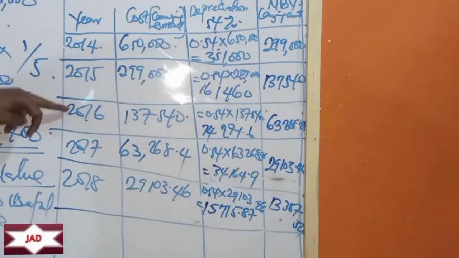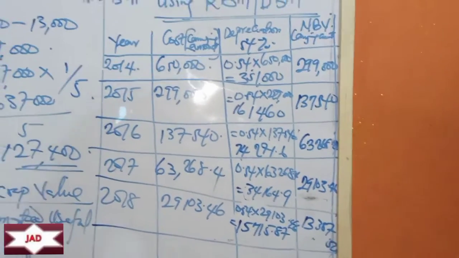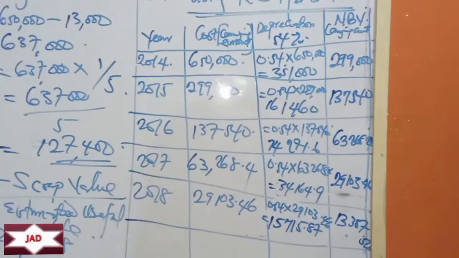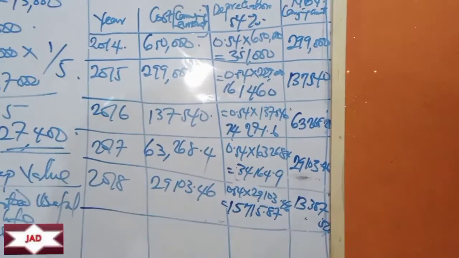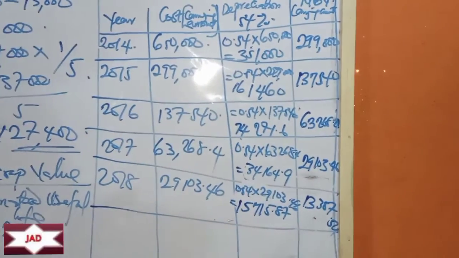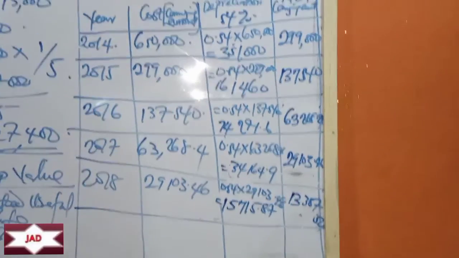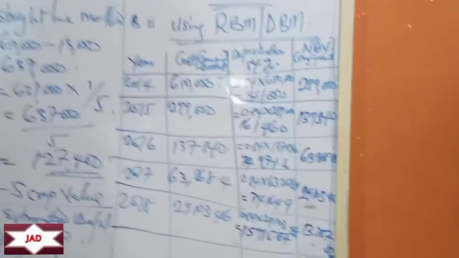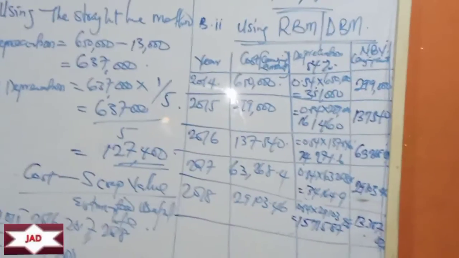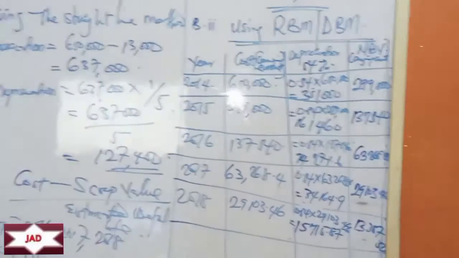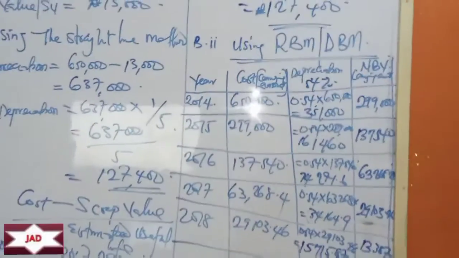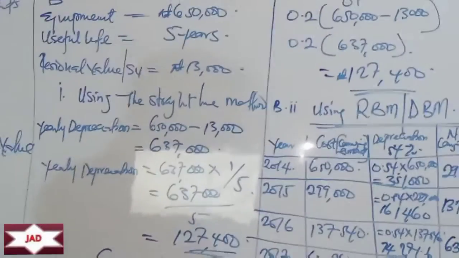We have 1, 2, 3, 4, 5. Remember the scrap value is 13,000. So this is about what it is, looking at a significant value of an item. But this is simply calculating the depreciation charges of the item for a particular period.